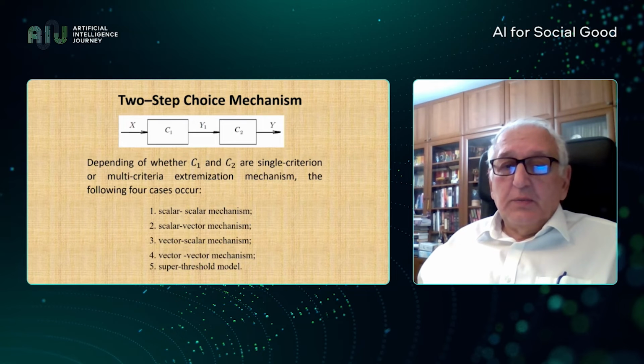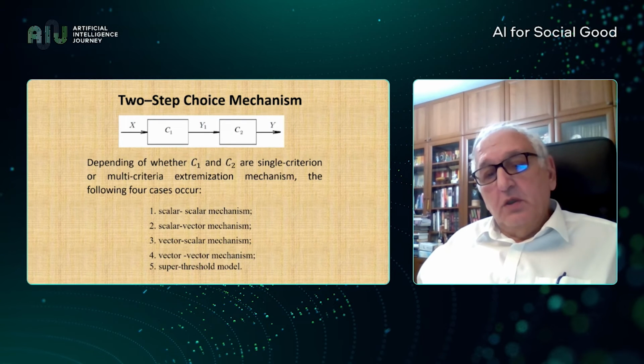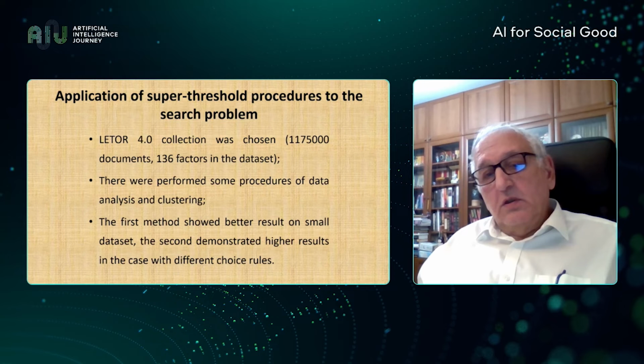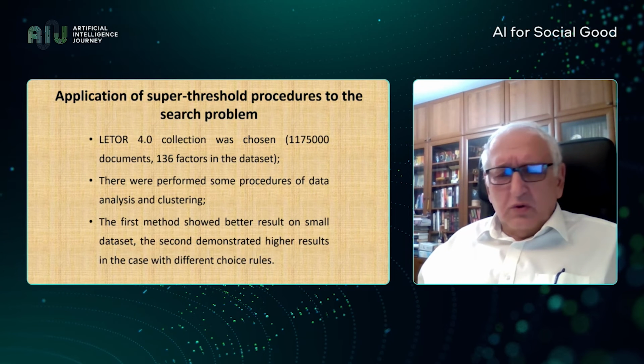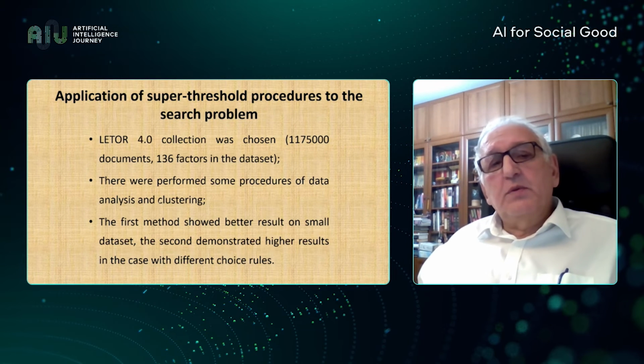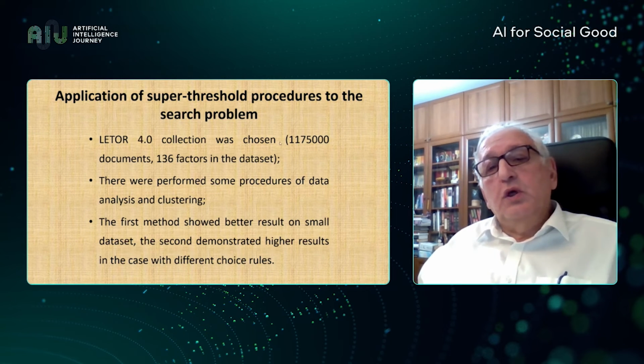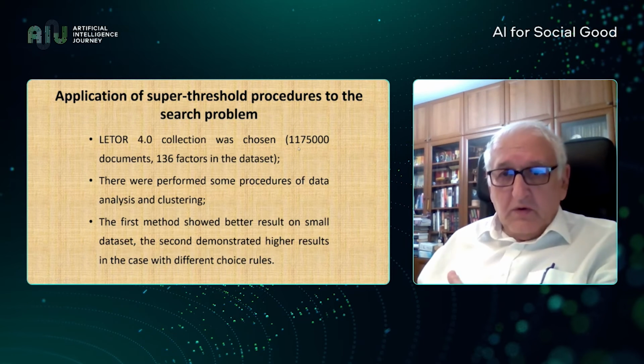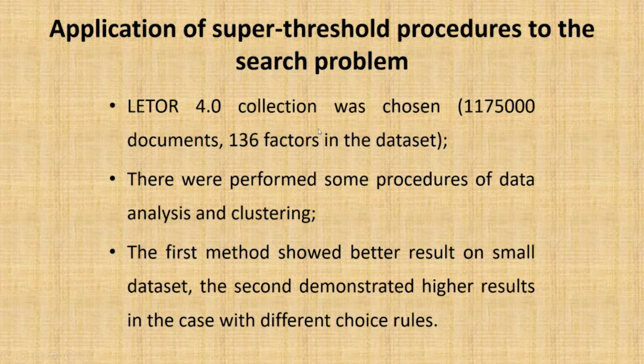And this very approach was applied to several applied problems. The first one was Latour. It was this very data set provided by Microsoft with 1,175,000 documents and 136 factors.